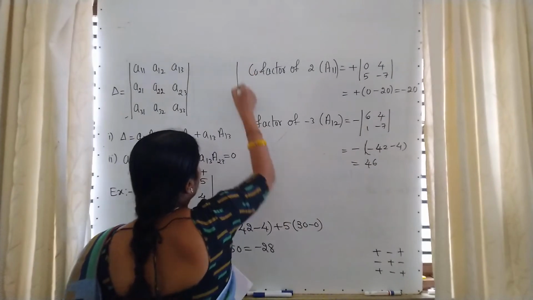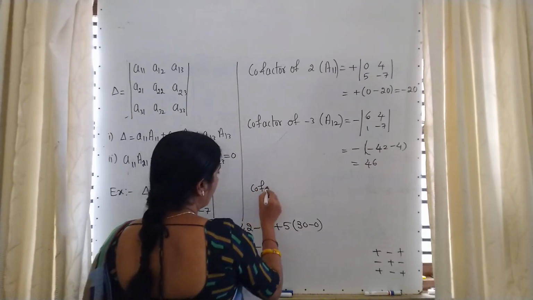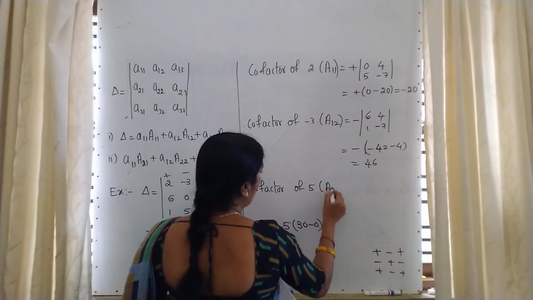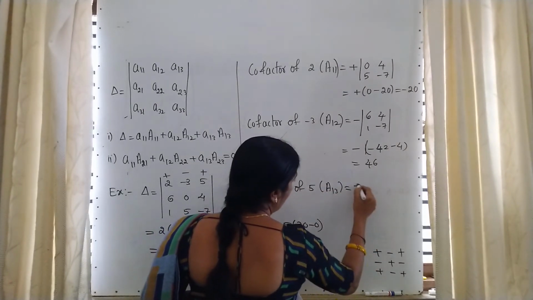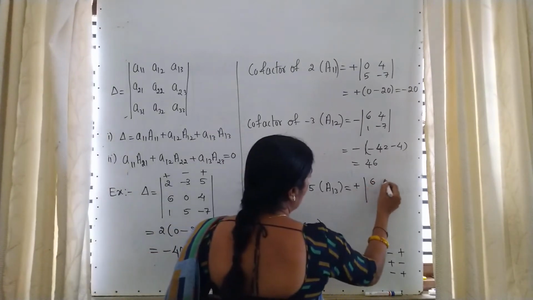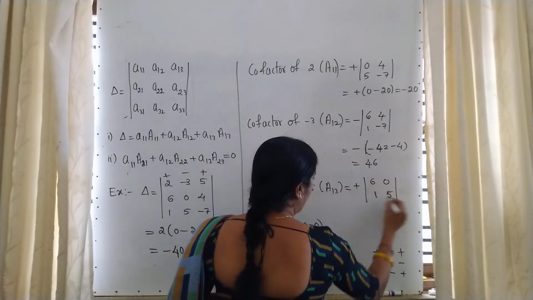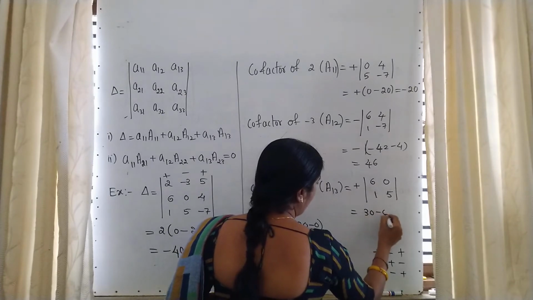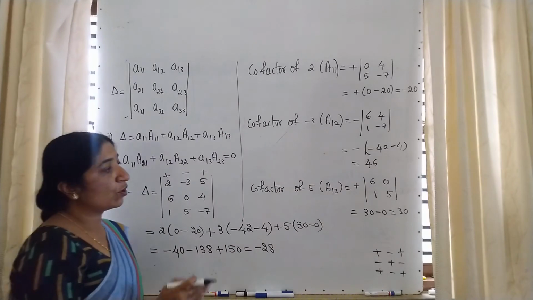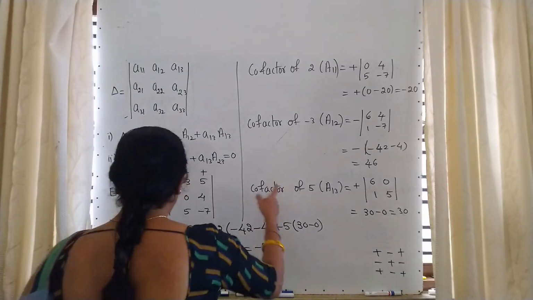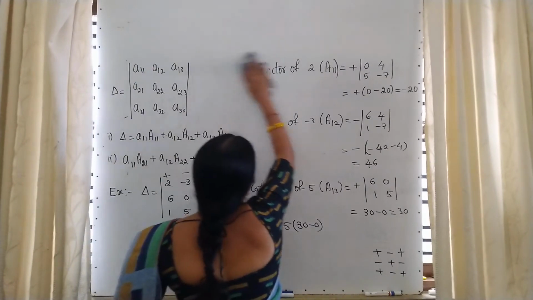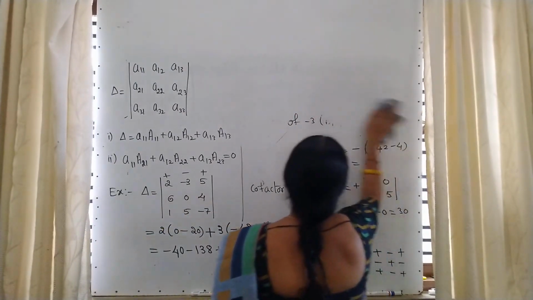Then cofactor of 5, that is A13. For that we have to write plus, and it lies in first row and third column. 6, 0, 1, 5. After simplification it is 30 minus 0, that is 30. Take a paper and pencil, please note down on any page, because now I will rub this, I don't have the place. So after that we are moving to the first operation, that is the first property.